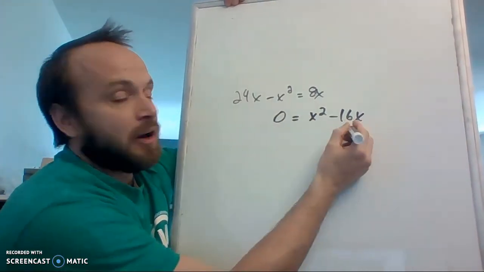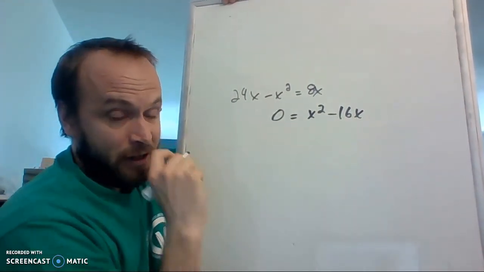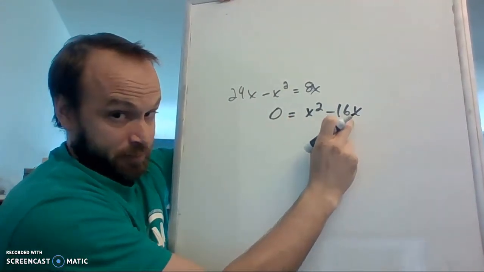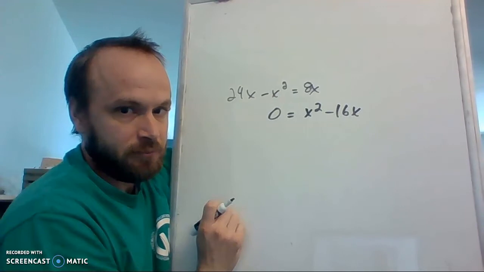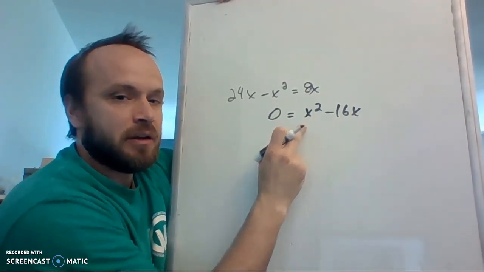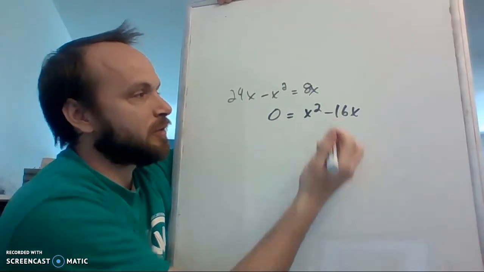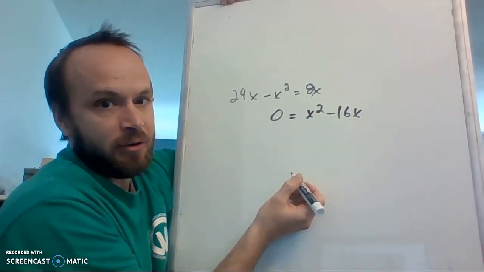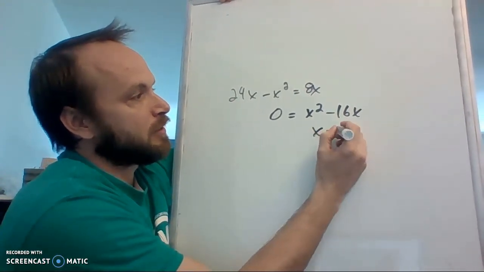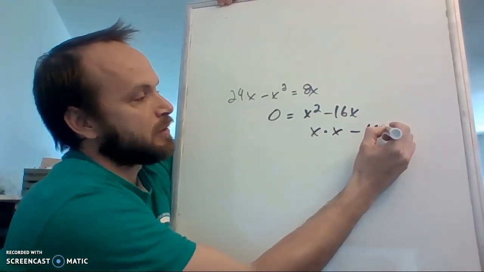If we get to this point and we realize that we have at least one x in this term and at least one x in this term, we can factor that x out. Maybe think of it as undistributing. Factor that x out and put it up front. That will help us solve this much quicker. So if I take this, I'm going to rewrite it here.